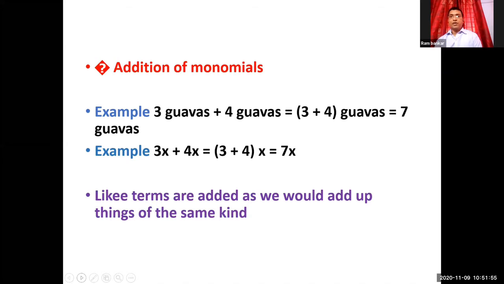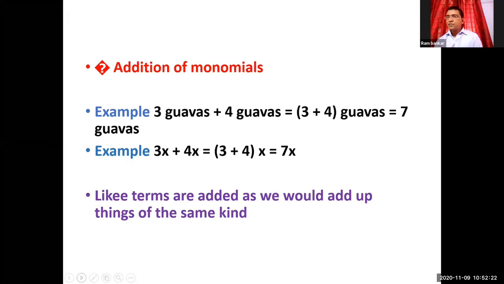Okay. The same example is written in the form of an algebraic expression. Look at the algebraic expression written for gavas. First term 3x. x is written instead of gavas. Okay. 3x plus 4x.